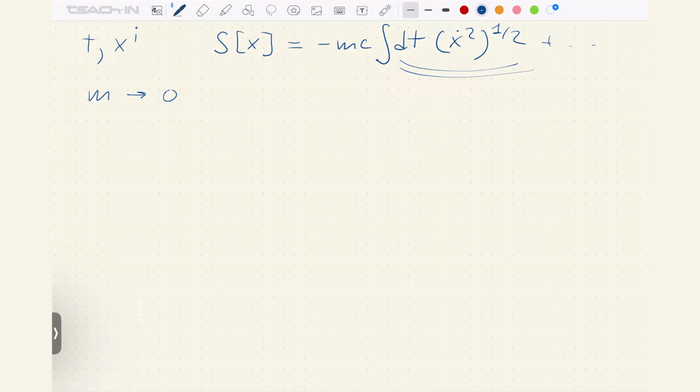So the answer is to rephrase it differently, and I will immediately write down what is called the Hamiltonian action for the same system.